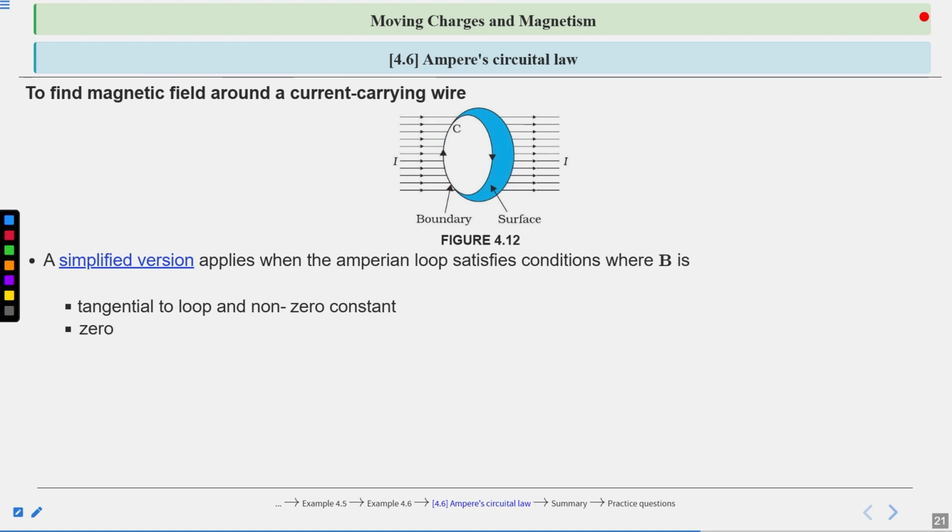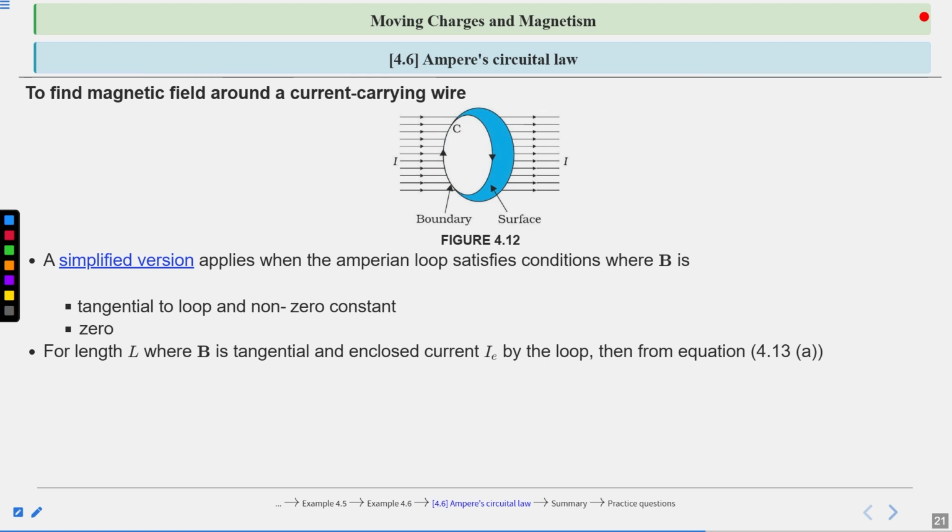Got it? Three conditions are there: either B is tangential to the loop and non-zero constant, or it is normal to the loop, or zero.